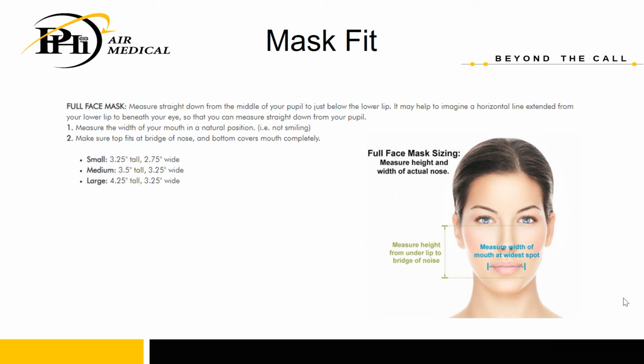That is a huge area to cover as far as the sizes of our patients' faces. Anywhere from about 3.5 inches to just under 4.5 inches is going to be a medium, so that's a pretty big range that would fit a medium mask. Just understand that most of our patients are going to be a medium or even a small, and that large masks are reserved for people that have very, very large, tall faces, which is not very many of our patients.